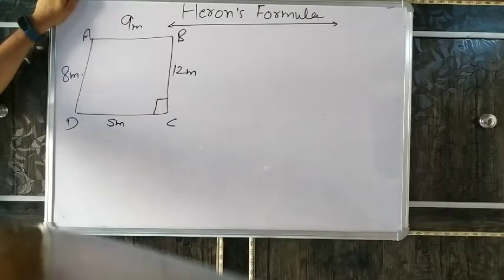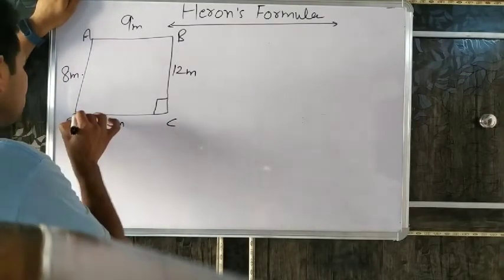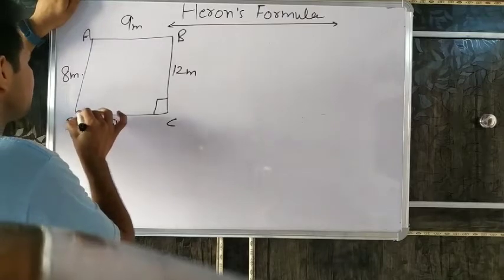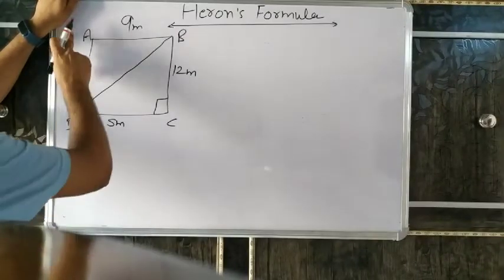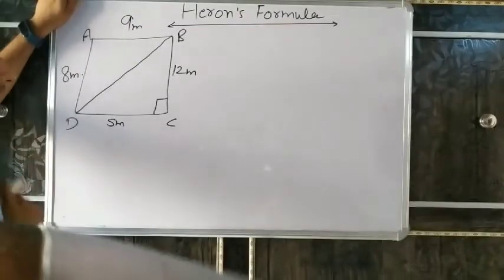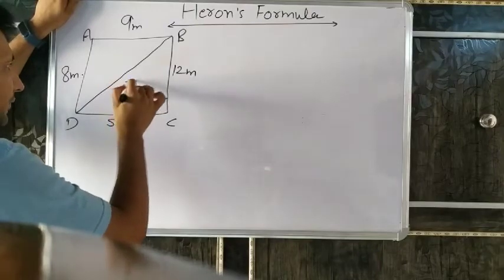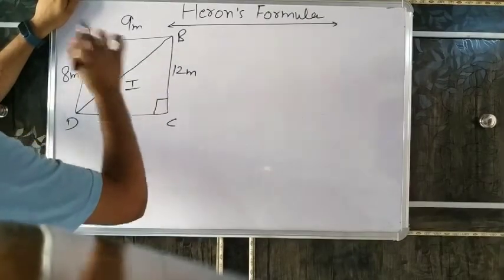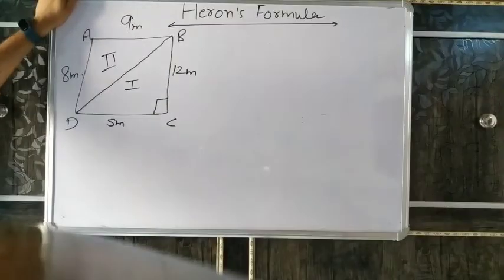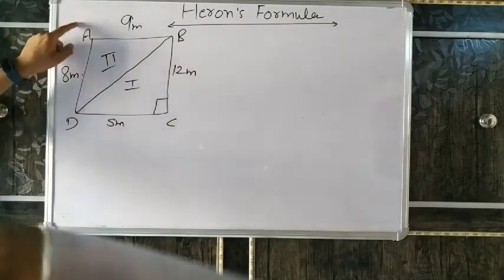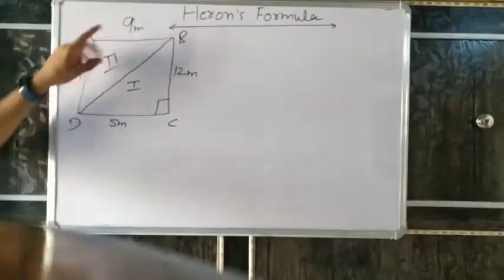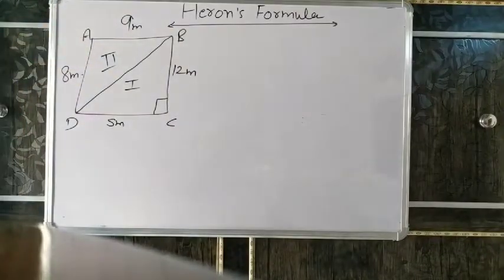Understand? So we will join B to D. Which means the area of ABCD is equal to the area of the first triangle plus the area of the second triangle. But if we want to find the area of triangle ABD, we know only two sides, and neither height is given.